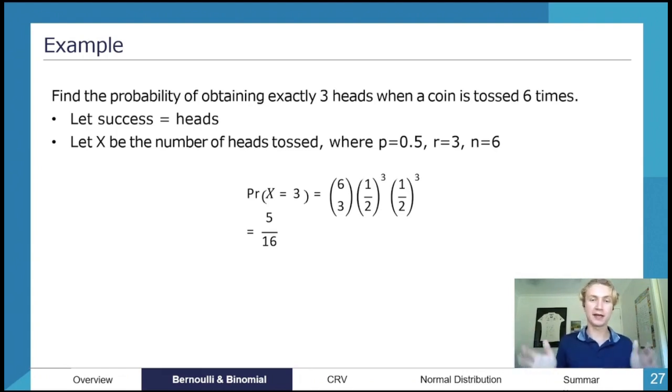So the probability that x equals 3, now we just apply the formula in the formula sheet. And what we get is this combinatorics at the front where n equals 6 and r equals 3.